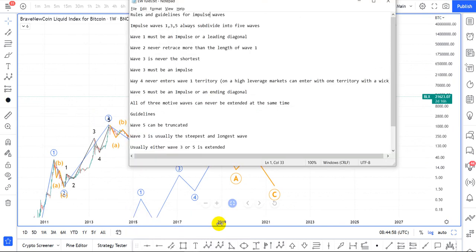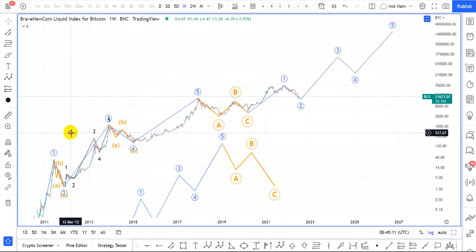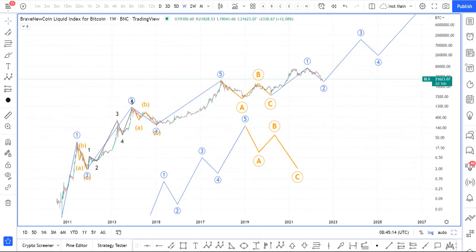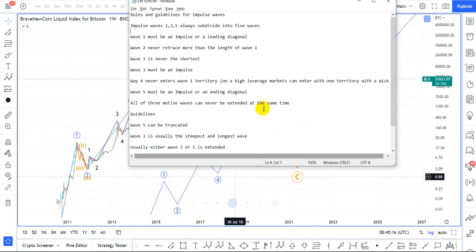Okay, let's go into the rules. So like you see here, wave 1 must be an impulse or leading diagonal. We're not going to talk about what a leading diagonal is because that's a whole different story. But here comes wave 1, a strong impulse. Then what's next? The rules.